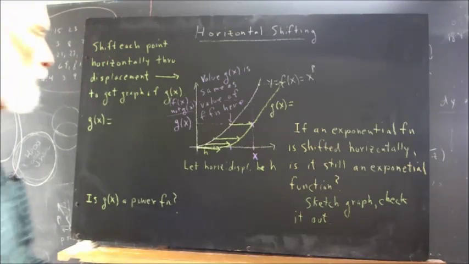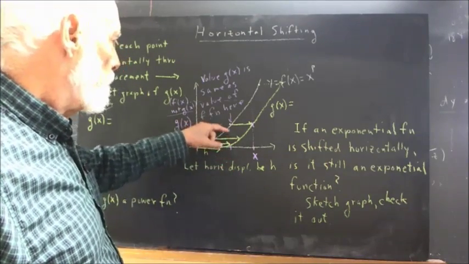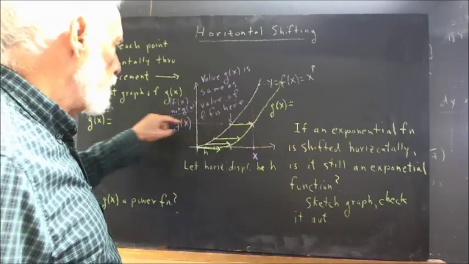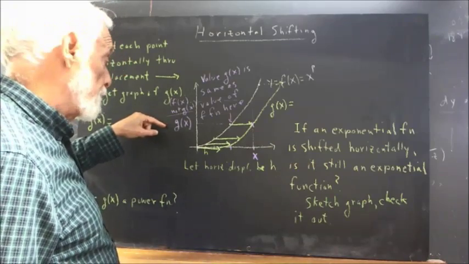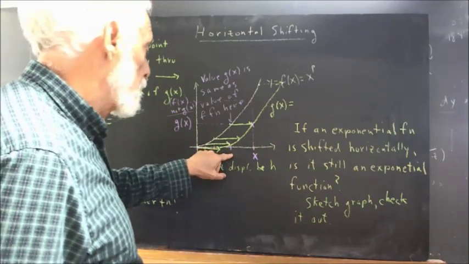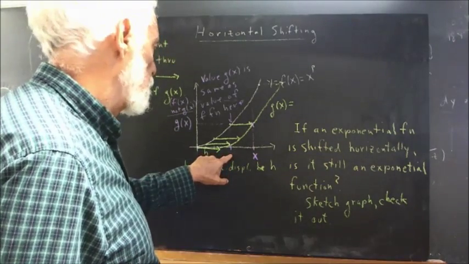Then, what's the x coordinate of the point where the f function takes the value g of x? Okay, now what are the coordinates of this point? If this is x, what's the coordinate of this point?